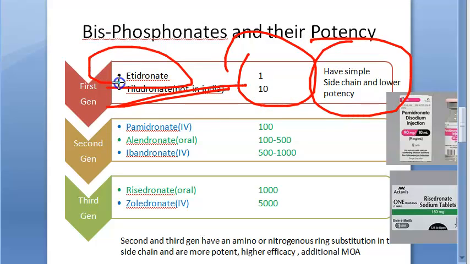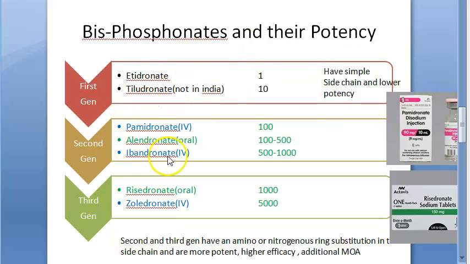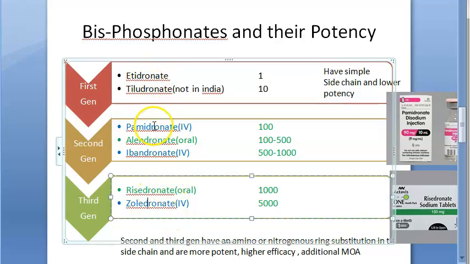Etidronate is a first generation bisphosphonate. Remember, everywhere 'dronate' is common.